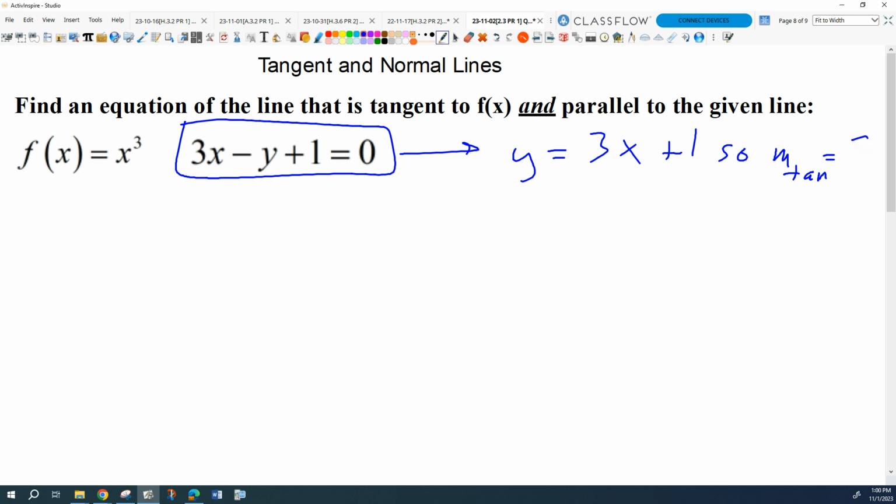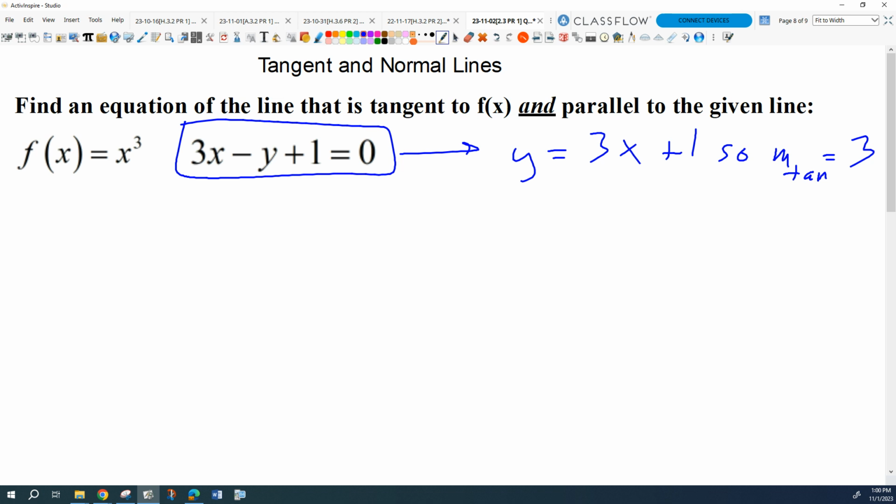3. Okay. Now we're trying to find all locations where the tangent to the curve is parallel to this line. Parallel lines have equal slopes, right? You guys already got that. So we know that the slope would have to be 3 because the slope of the blue line is 3. How would I find the places where f of x has a tangent line with a slope of 3?